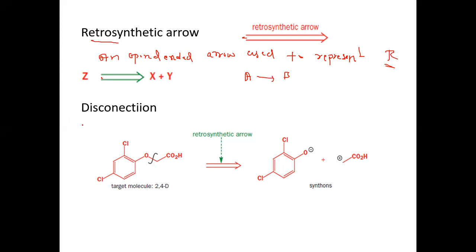Next term we shall see is disconnection. What is the meaning of disconnection? It is the imaginary breaking of bonds. There is no difficult meaning, very simple meaning.